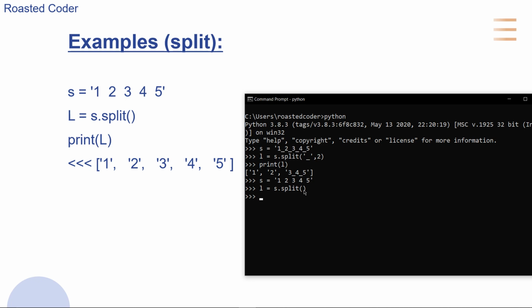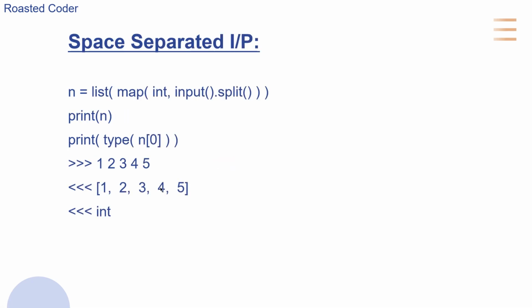Now you can see all the digits are extracted, but they are still strings, or you can say substrings, in this list, and we have to convert these strings to int. So we can simply use this syntax for extracting ints from a space separated string.